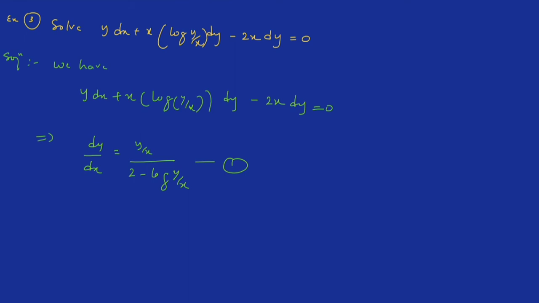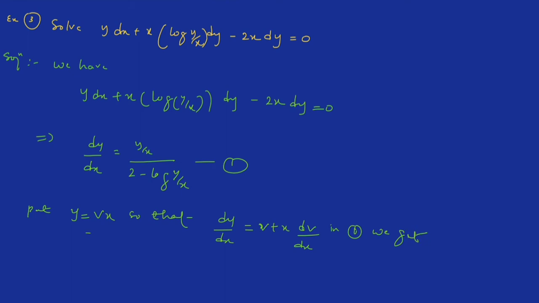Now equation 1 is a homogeneous differential equation. Put y equals v x, so that dy/dx is v plus x dv/dx in equation 1.